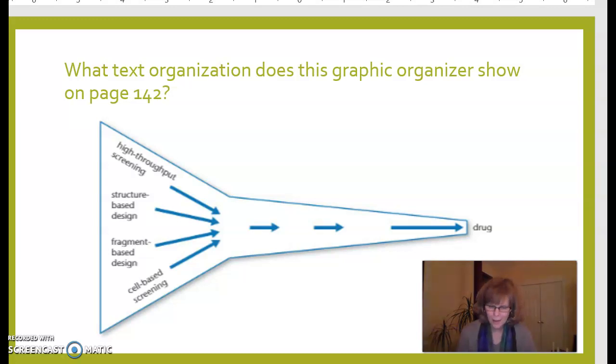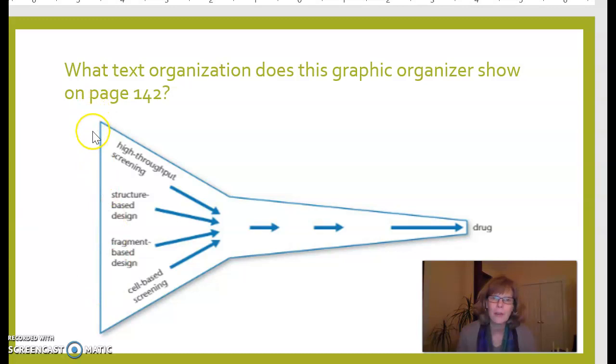But here on page 142, they talk about the graphic organizer. And here's one graphic organizer that shows this article in a really nice way. It shows here, I'll just get my pen going.